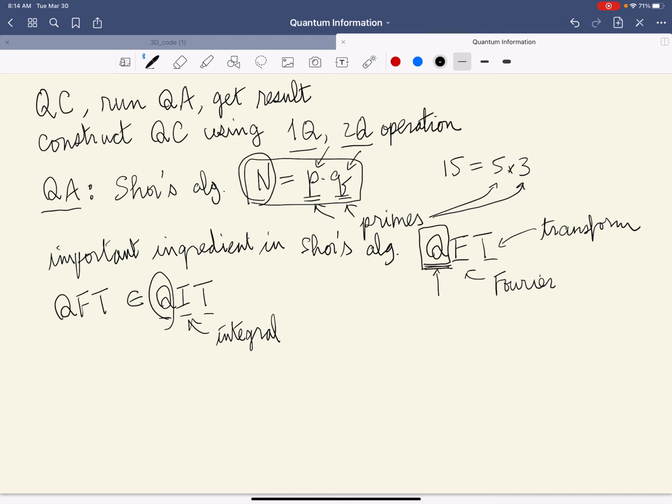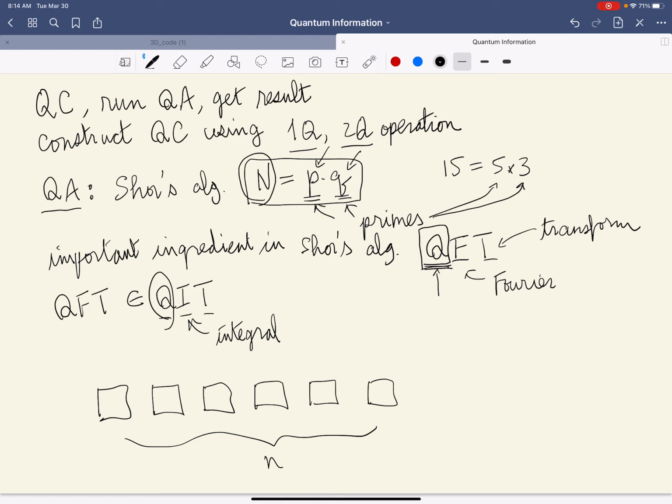So the basic assumption is that you have at your disposal a whole bunch of qubits. I'm going to assume that there are n qubits in total, with each qubit realizing a binary number, 0 and 1.